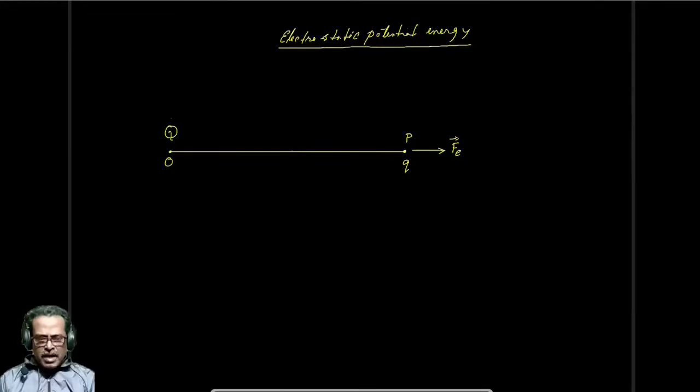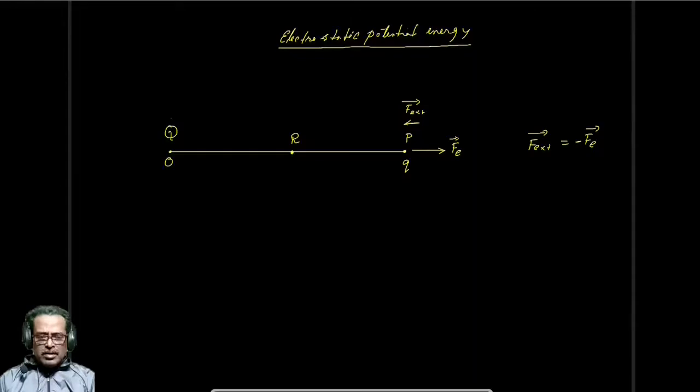Now we are selecting another point R, and a constant external force is applied to move charge small q from P to R. In that case, the force which we apply on the body should be opposite to Fe, and F external should be equal to the electrostatic force in magnitude but opposite in direction. Why the same magnitude?